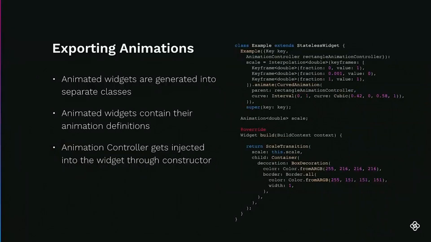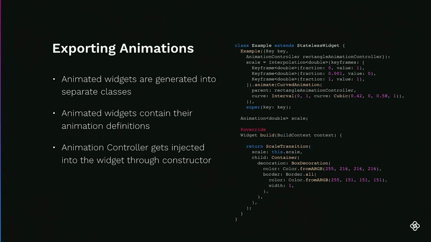Next step is exporting animations. As Yichi has mentioned, when it's needed, we use our own implementation of the Flutter animations definition object, which is called interpolation. You can see it right there, but I'll cover that a little bit later.